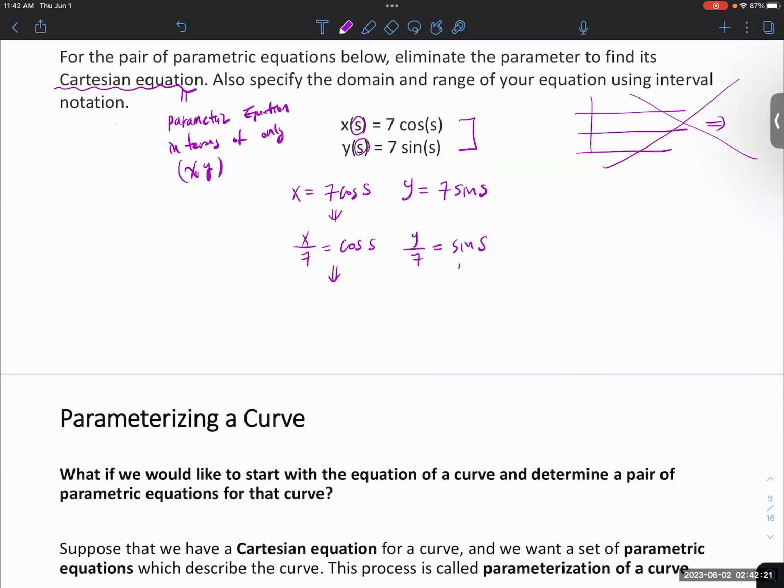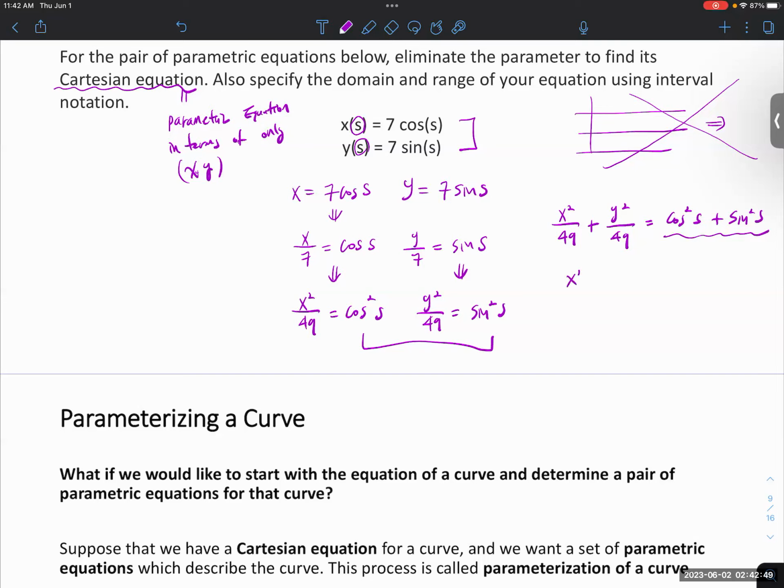So we're going to square both sides. x squared over 49 is cosine squared s, and y squared over 49 is sine squared s. Adding them up, x squared over 49 plus y squared over 49 is cosine squared s plus sine squared s, and that's 1. So I can multiply by 49 everywhere.